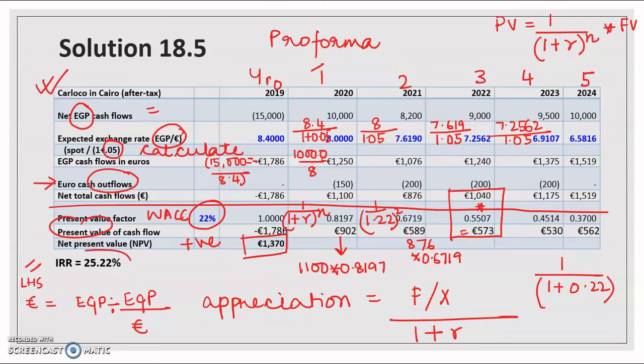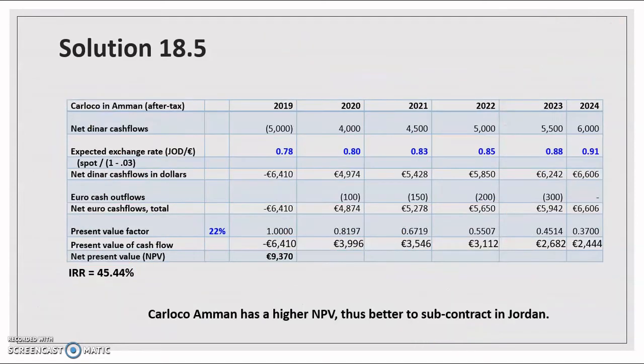You will have to try to calculate the IRR the same way by taking a positive NPV and a negative NPV value. Now, please conduct the same steps with regard to pro forma, for the Jordanian project, it will be year 0, 1, 2, 3, 4, and 5.